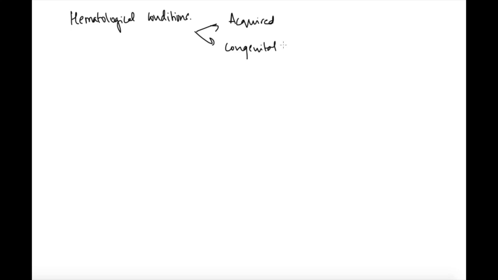So acquired hematological conditions include myeloproliferative disorders, then aplastic anemia, PNH, paroxysmal nocturnal hemoglobinuria, and here only I can include myelodysplastic syndrome as well.